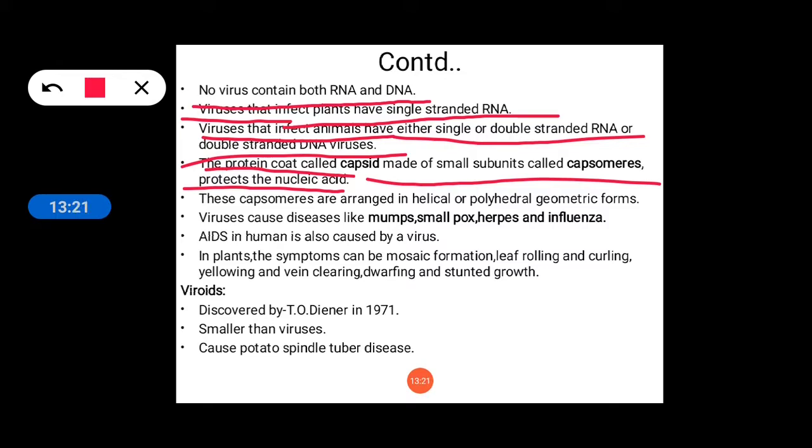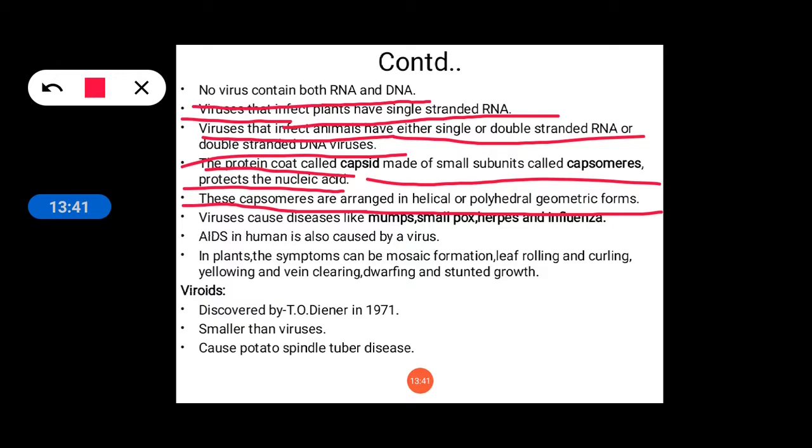These capsomeres are arranged in helical or polyhedral geometric forms, as shown in the shape here.